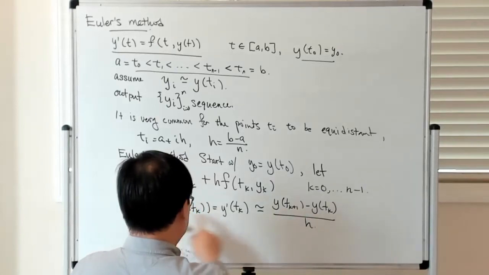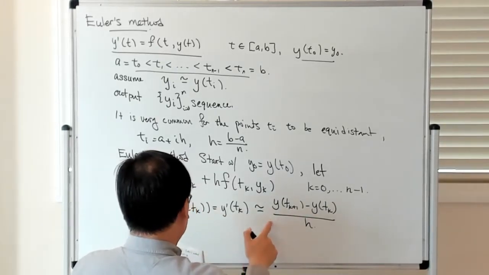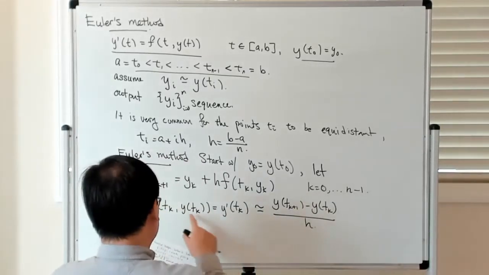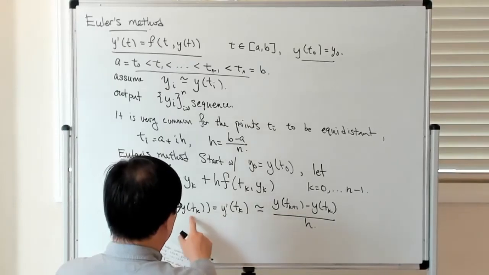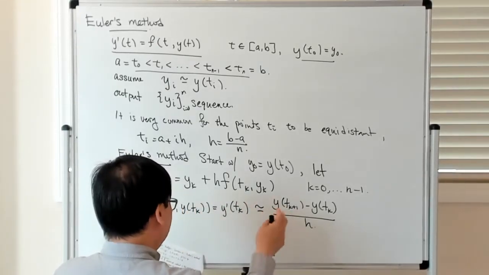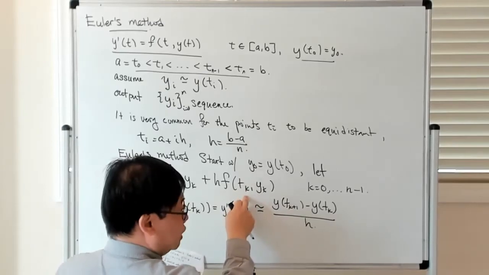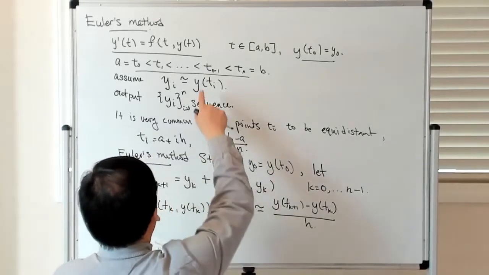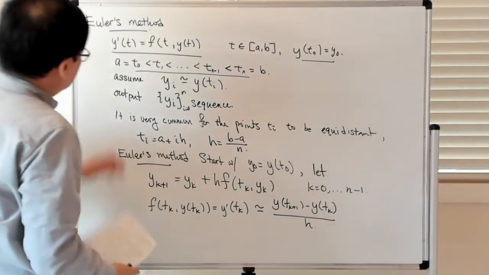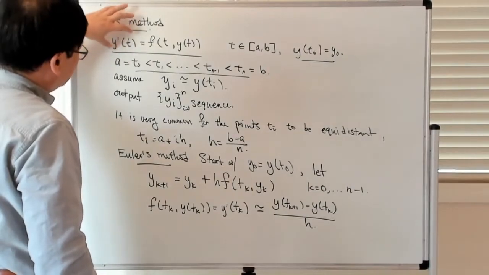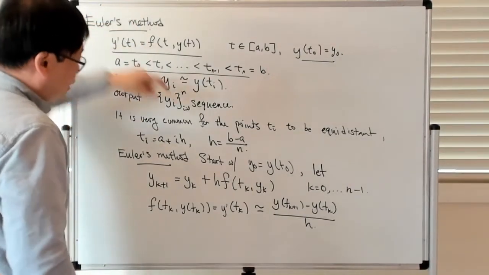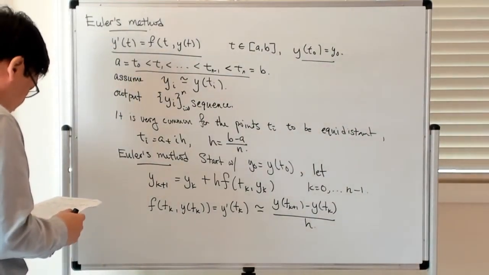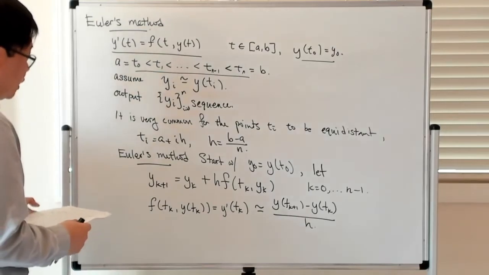Okay, so if you take this approximate equality, and every time you see a y at tk, you replace it with yk, and you solve for y_{k+1}, you would then end up getting the Euler method. So that's one way to think about the Euler method: it comes from looking at the original differential equation and replacing the time derivative term by a finite difference approximation of the derivative. Okay, so that's one way to think about it.